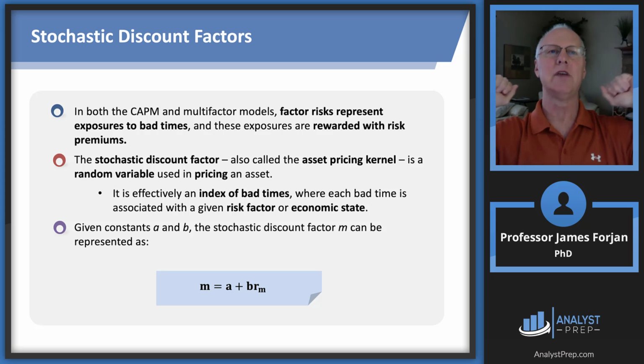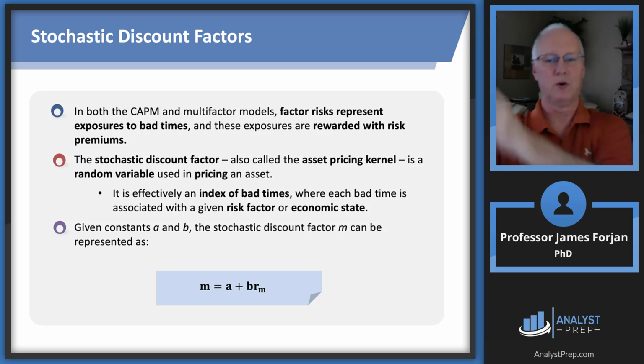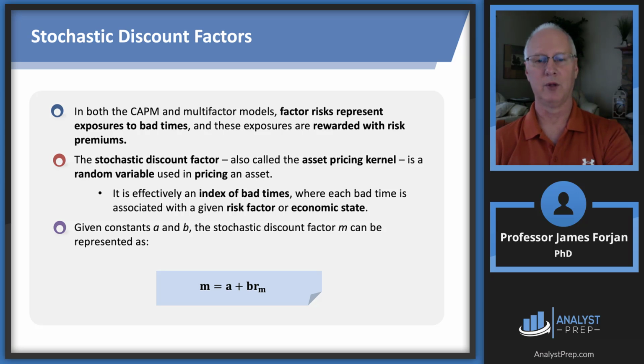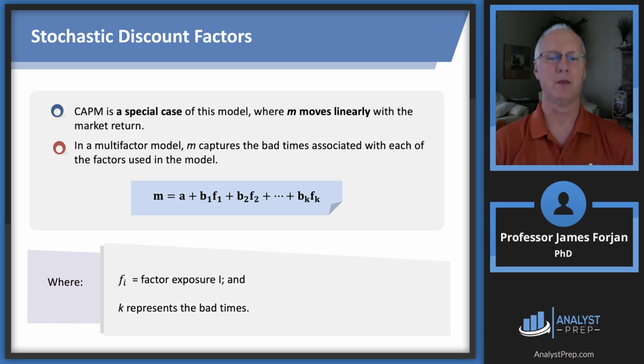But if you believe in the multi-factor models, you're going to believe in not only the one overcast cloud, but all of these individual rain clouds to determine what that stochastic discount factor is. So this one here in blue is just the regular old CAPM, but this one here in the next slide is the regular old multi-factor models.